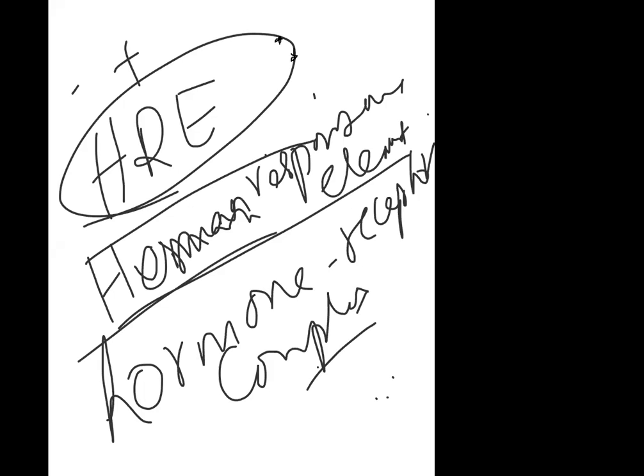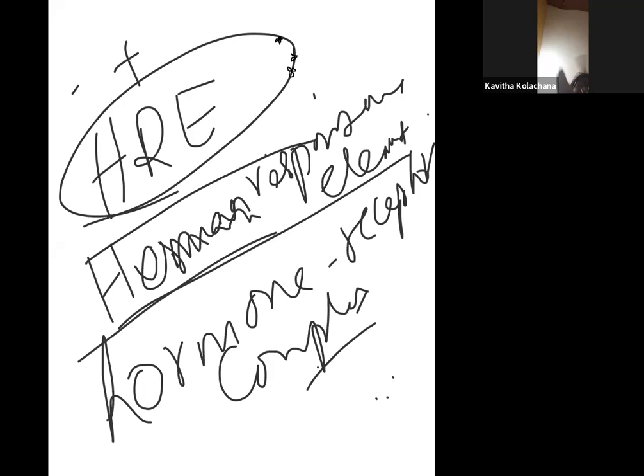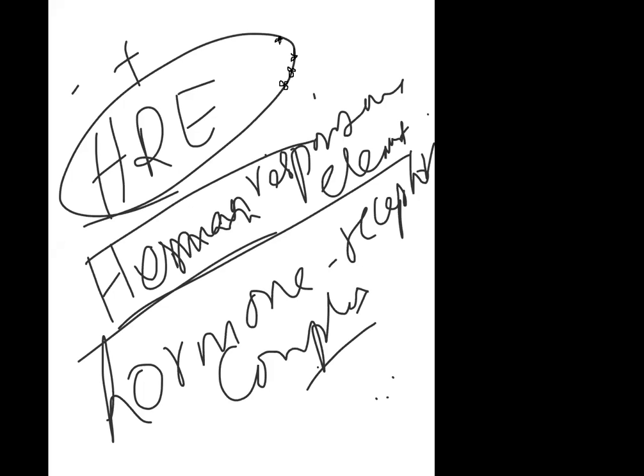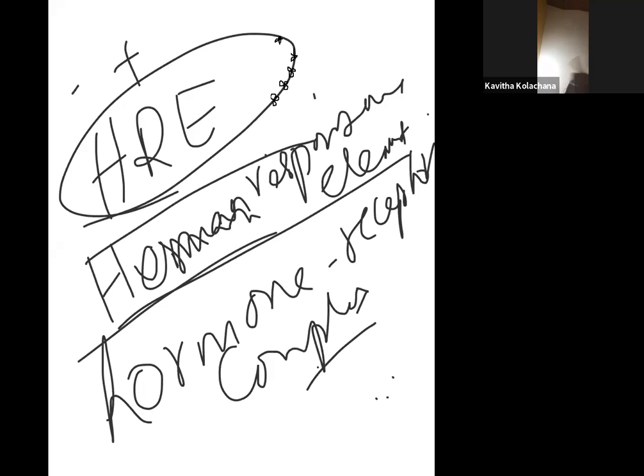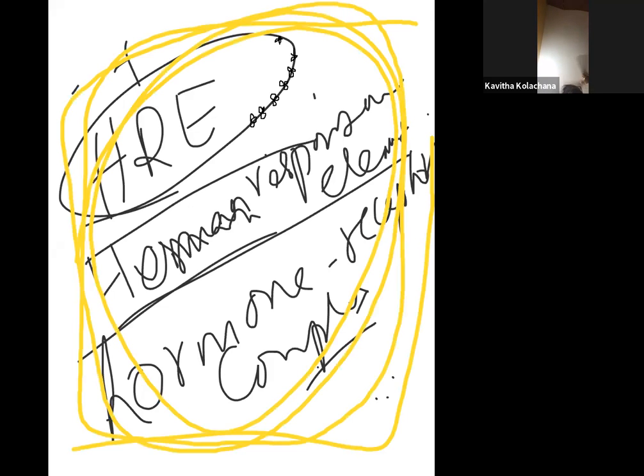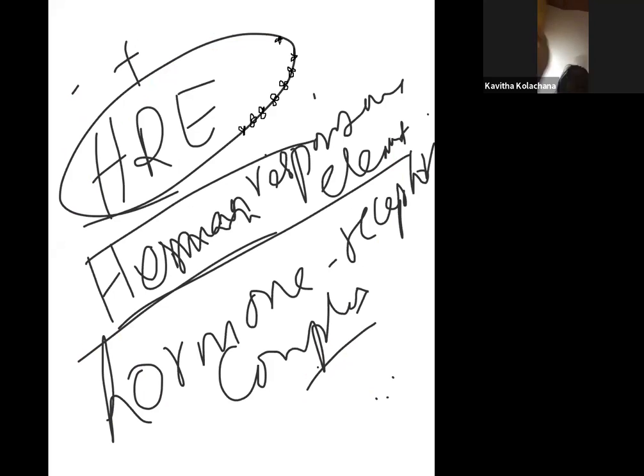Now, once the receptor complex combines with the HRE, it will start initiating, just like you know how messenger RNA transfers the genetic material from one to another. The same way the hormone complex also reacts.